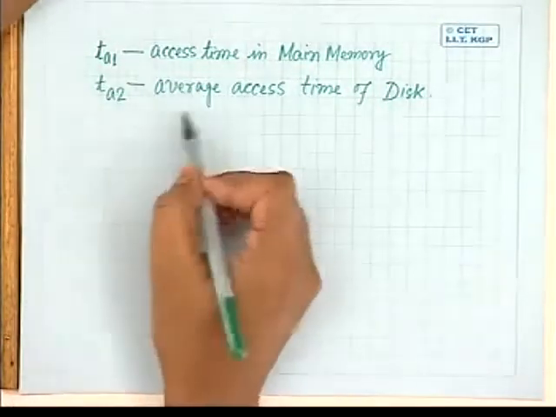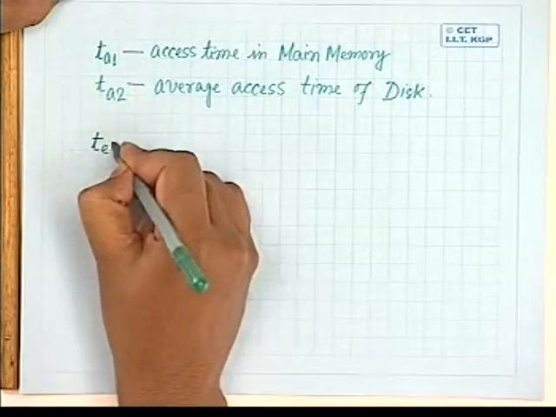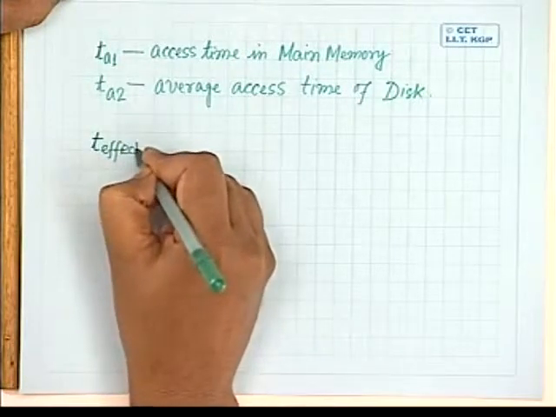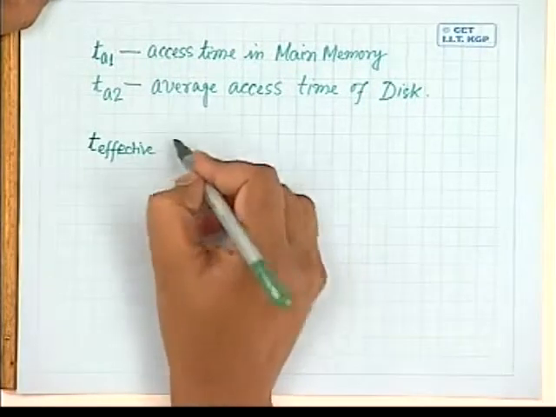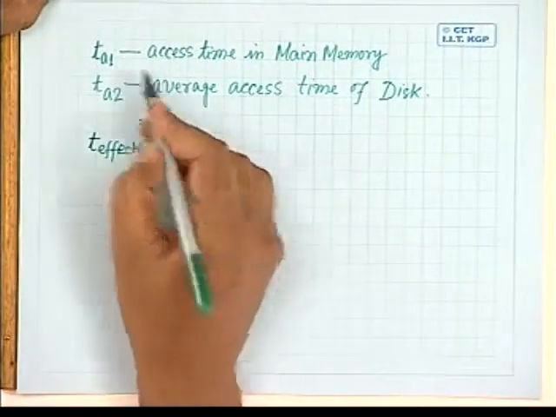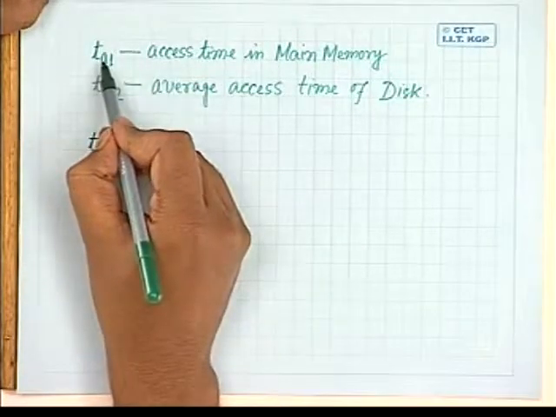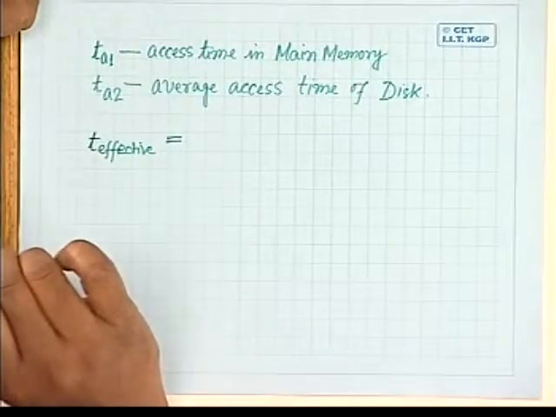Okay. Then the effective access time, whenever the CPU tries to read some data or an instruction from the main memory, will be given by this. Whenever there is a hit, the data is available in the main memory. Whenever there is a miss, then the data has to be brought from the secondary storage into the main memory. Okay.